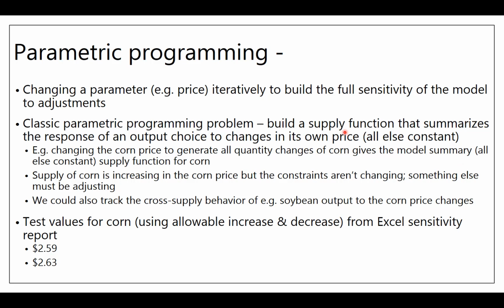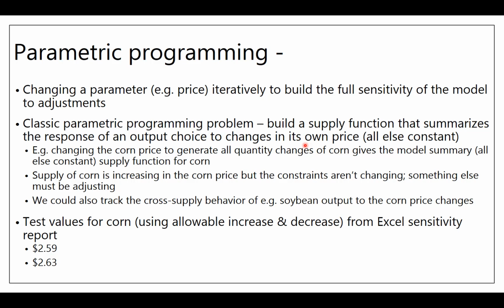And that supply function would summarize the optimal response to output choice relative to its own price. So it's a true supply function. It's just discrete. It just has these jumps. You need a threshold change in the price to cause you to change. And so it's not sort of the classic linear or curvilinear supply function, but it is a supply function.